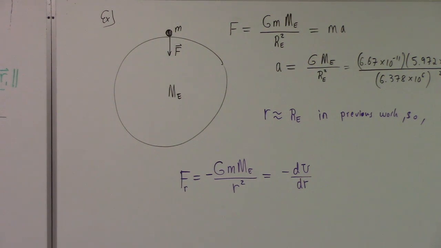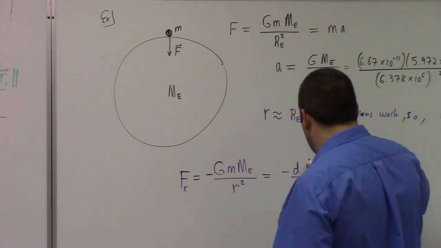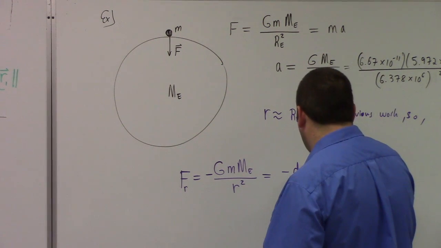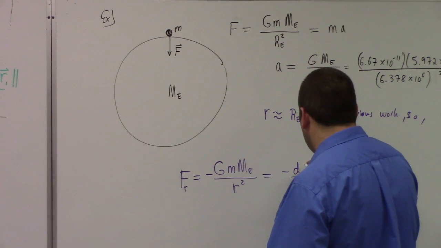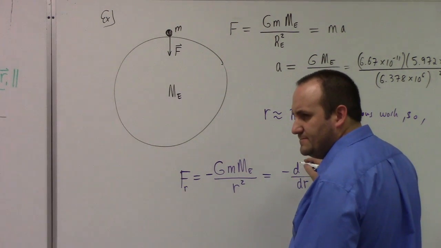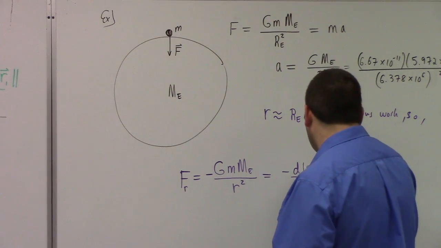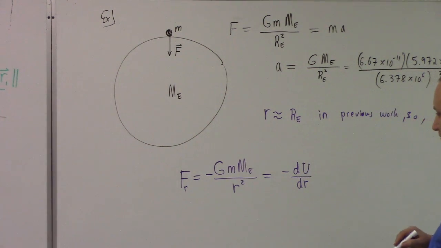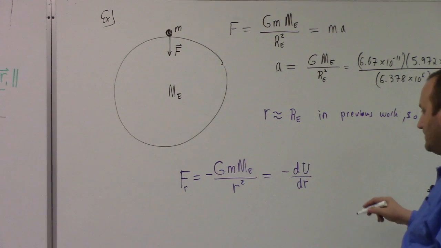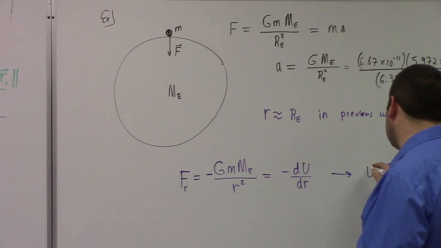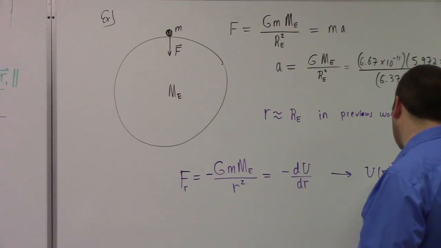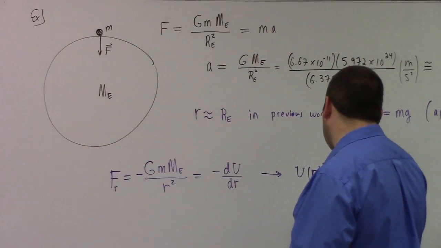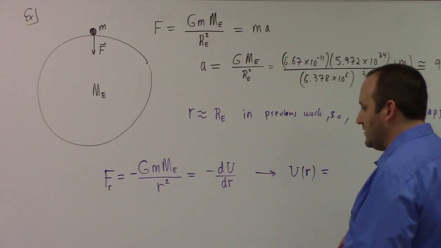U, potential energy. What have we called it before? What was my symbol for potential energy in here? U. Oh, okay, or PE. What happens if you integrate this? What's the integral of 1 over r squared?